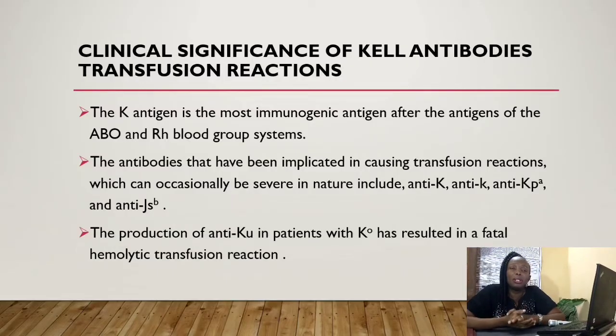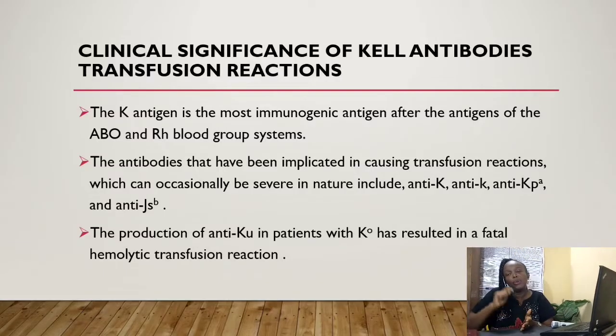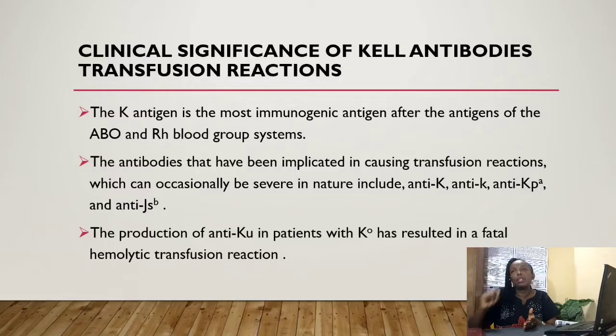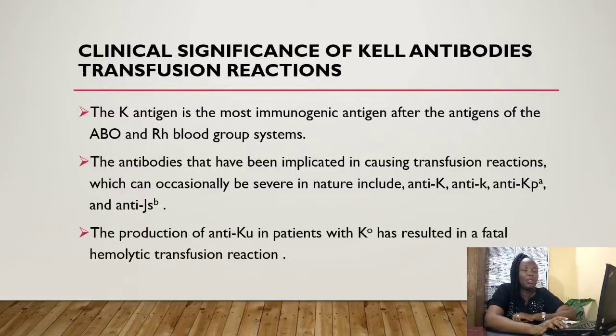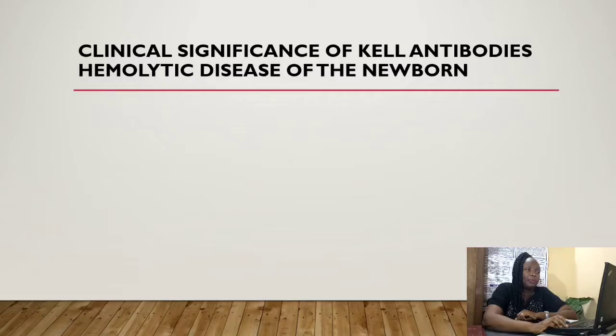And when this antibody is produced, this individual can react to blood of any individual that contains any Kell antigen. So to avoid sensitization of this type of individual, they must be transfused with Kell null blood products, to avoid sensitizing them.